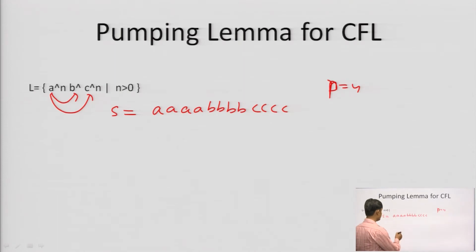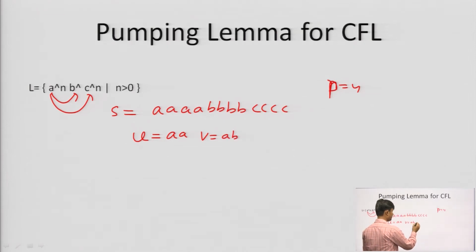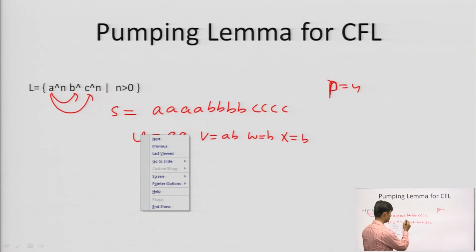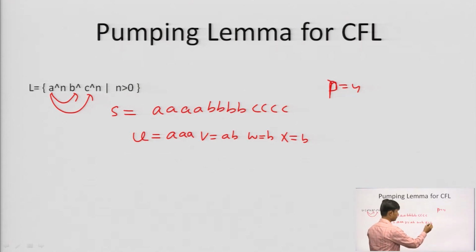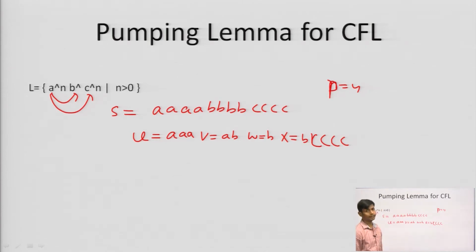Suppose U is taken as 3A, and VWX you take as A, B, B, B, that is V as A, W as B and X as B. And Y is B, C, C, C, C. So, you have divided it; you can divide it any way, but you have to take care about the pumping length.